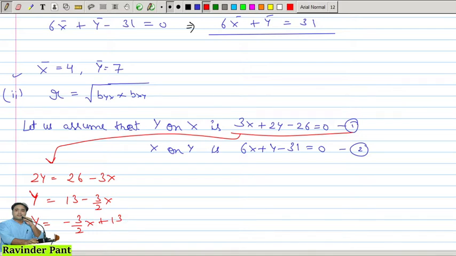From here I can see the coefficient of x is minus 3 by 2. So byx is equal to minus 3 by 2. And similarly, you will solve for this also, and you'll see that bxy is equal to minus 1 by 6. The solution is to be done by you.